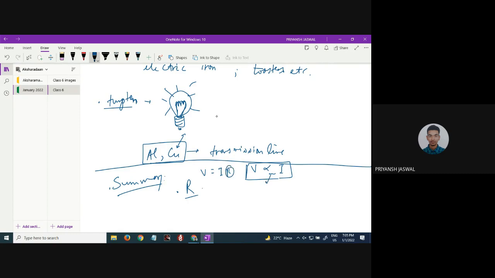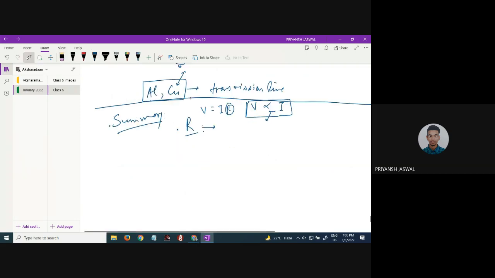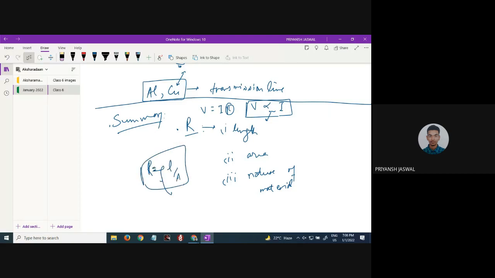We studied about it, that how it depends upon the other factors, that is length, area of cross section, and nature of material. And the formula is like this: R is equal to rho L by A.